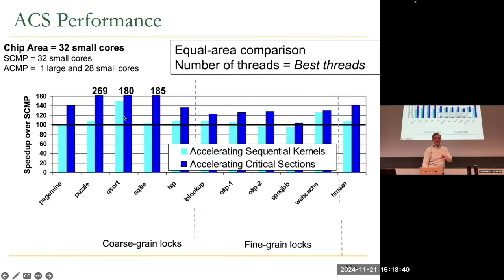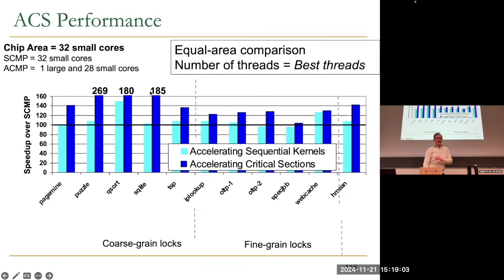So the light blue or turquoise bars over here show the acceleration of the sequential part, like the serial bottleneck. So you get a lot of benefits even by accelerating the sequential part. On average, not a lot, but there are some workloads that gain a lot. And there are some workloads that lose slightly because you lose performance on the parallel part. And these are actually more parallelizable than others.